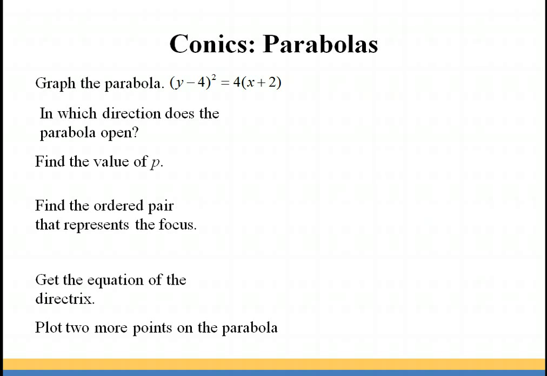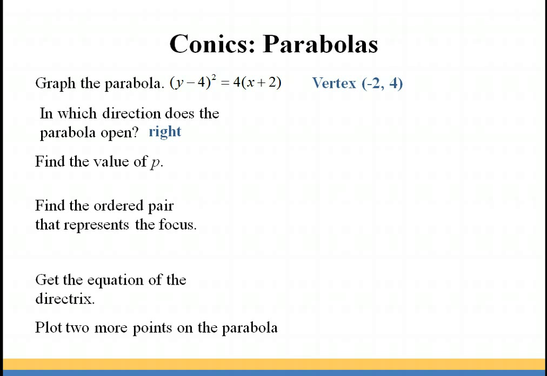Okay, here's our next example. We want to graph (y minus 4) squared equals 4 times (x plus 2). In this case, our vertex is (negative 2, 4). Remember, your vertex is always given as an xy ordered pair. What's next to x is going to give us our x coordinate, and what's next to y is going to give us our y coordinate. In this case, the parabola is going to open to the right.